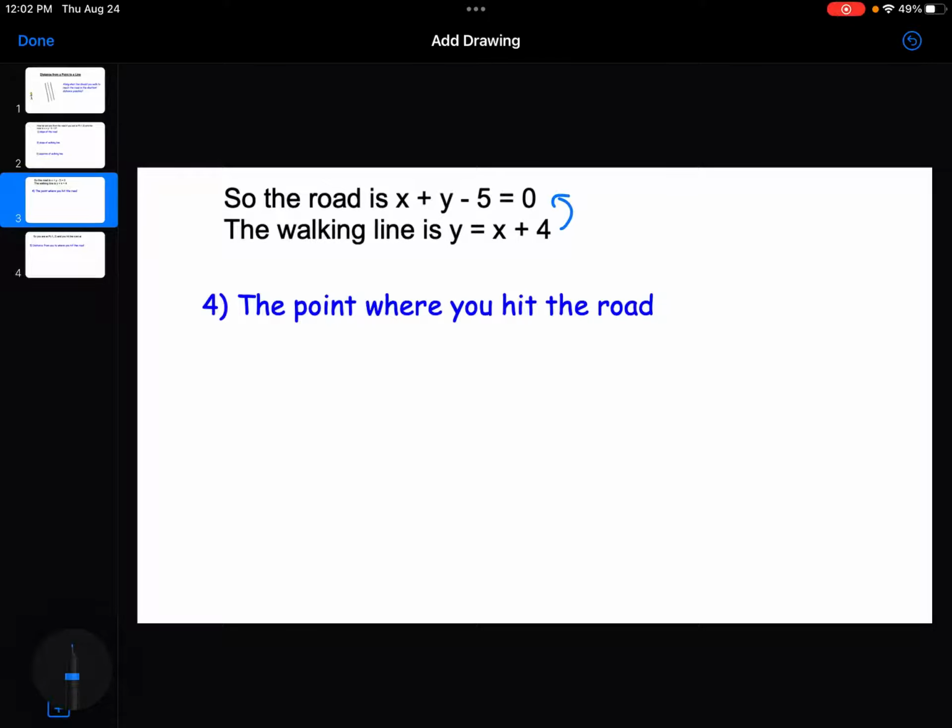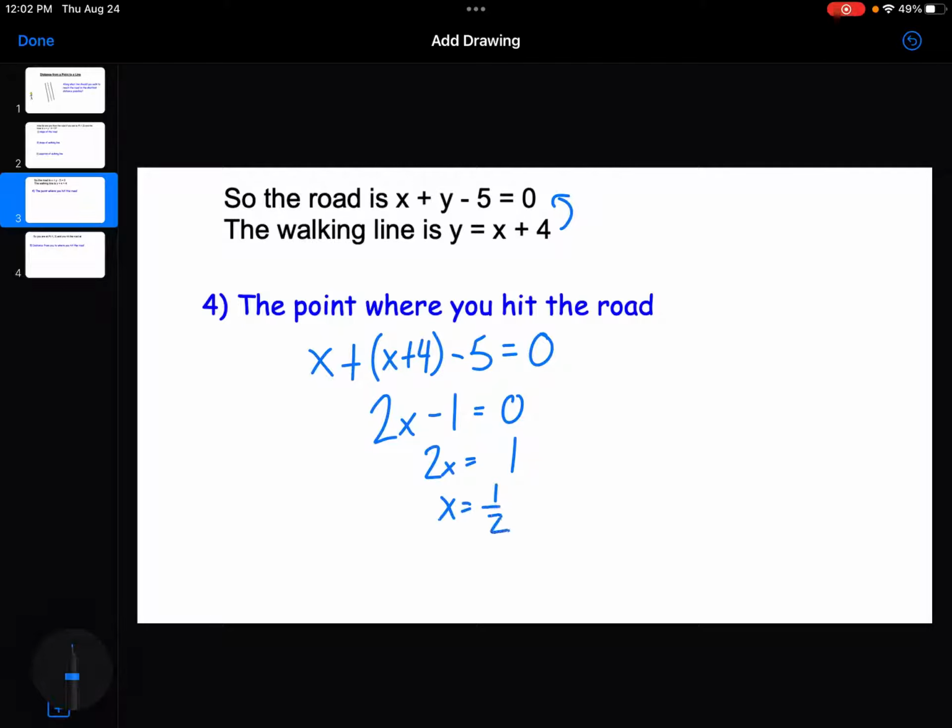Well, I've got my two equations. I can sub my values in here because I need to find my point of intersection. So I'm going to get x + 4 - 5 = 0, no wait, that's going to be 2x + 4 - 5, which is -1, equals 0. And then I'm going to get 2x = 1, and x is equal to 1/2.